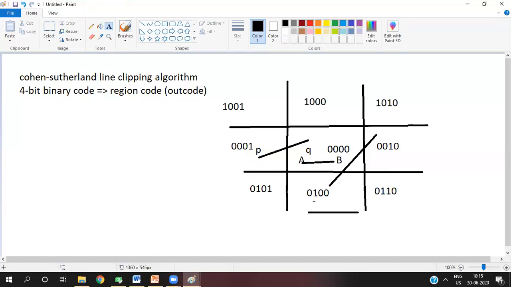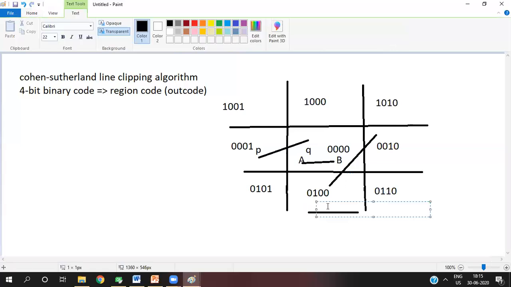AND it, 0100 and 0010. After ANDing, what result do you get? You will get 0 again over here. That means the line is partially visible. What about this line which is at the bottom? I will name it LM.